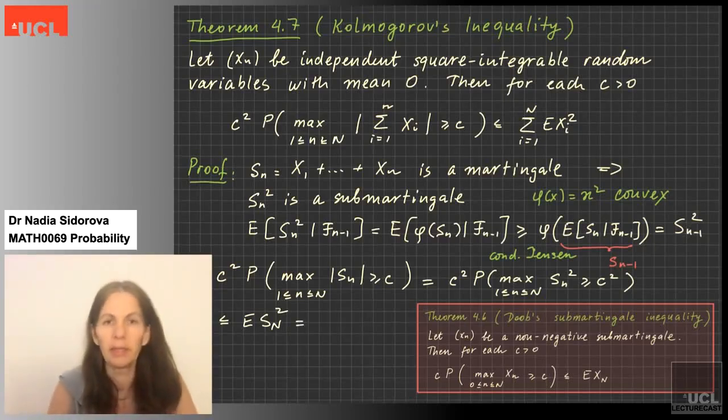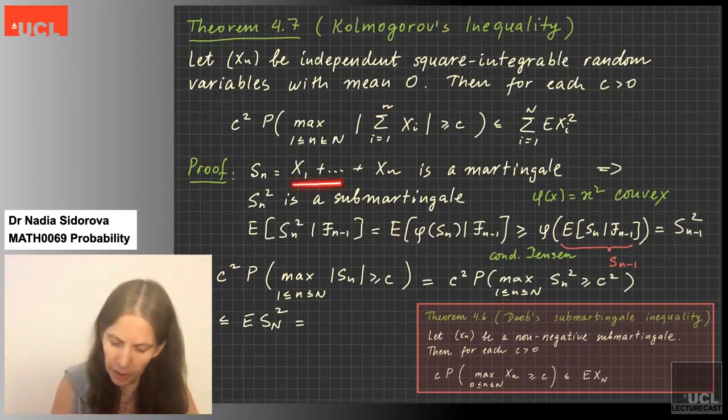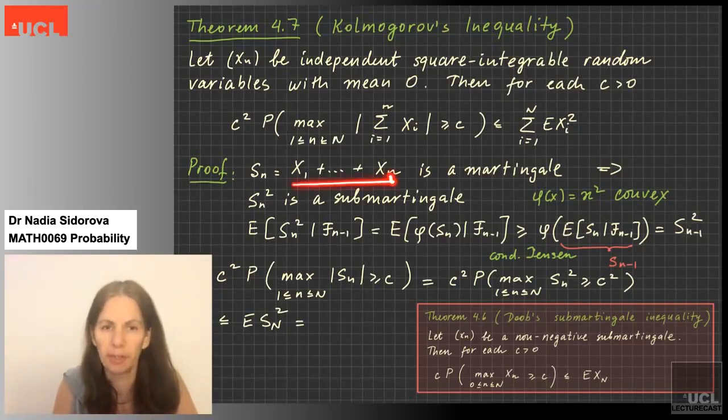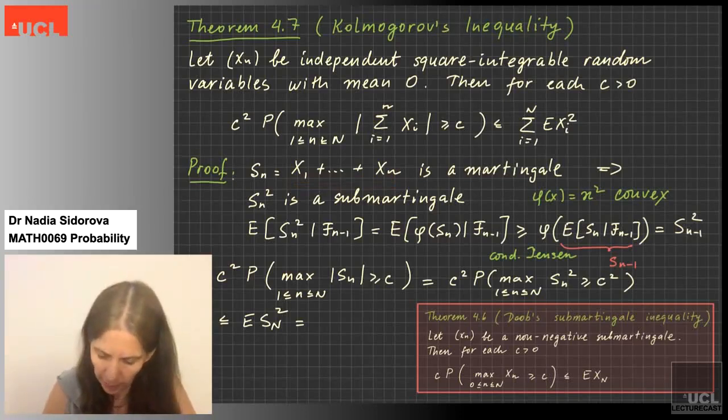Now Sn has expectation 0, right? Because it's just this, and the expectation of each X is 0. So this is simply the variance of Sn.